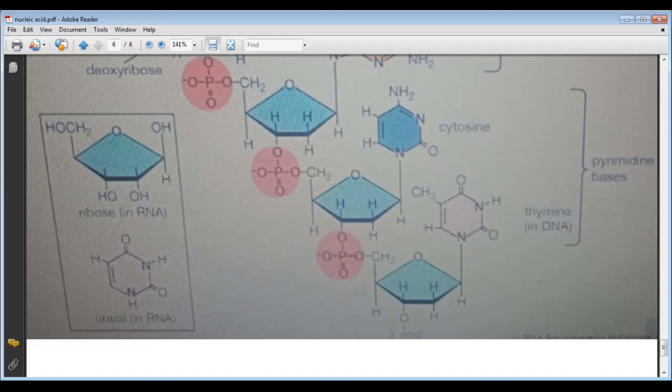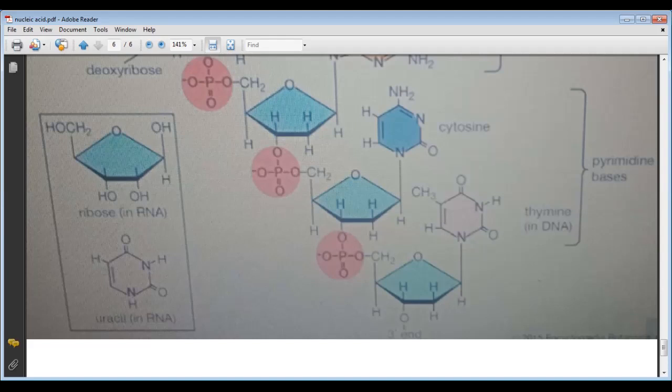This part is the pentose sugar, and I've given the numbering of the carbon atoms: first, second, third, fourth, and this one is the fifth carbon. At the first carbon there is the nitrogenous base. The name of this nitrogenous base is thymine.